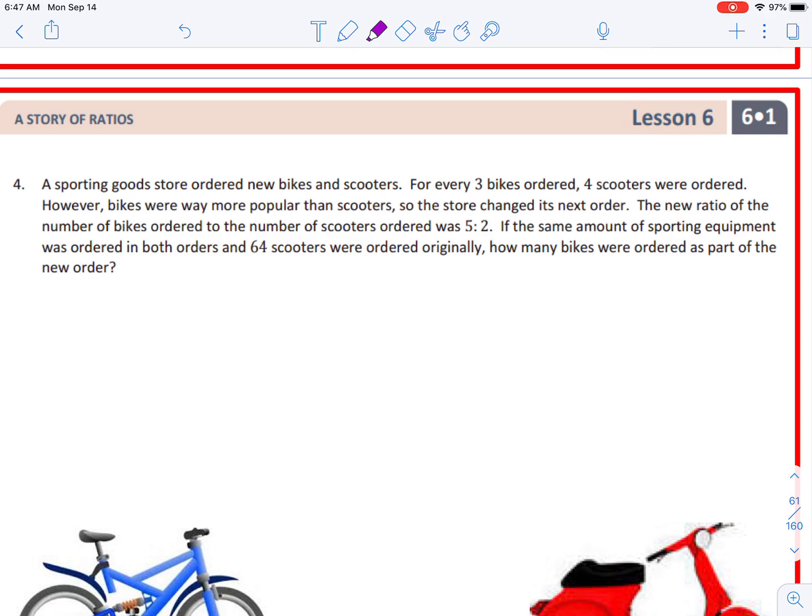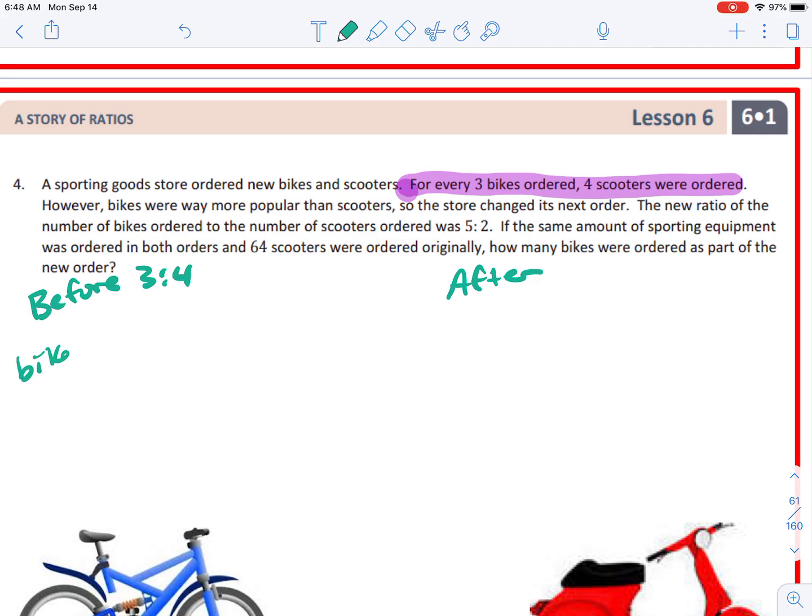Okay, so our first ratio is going to be 3 to 4, bikes to scooters, and this is before. I'm going to make after over here. This was 3 to 4, bikes to scooters.